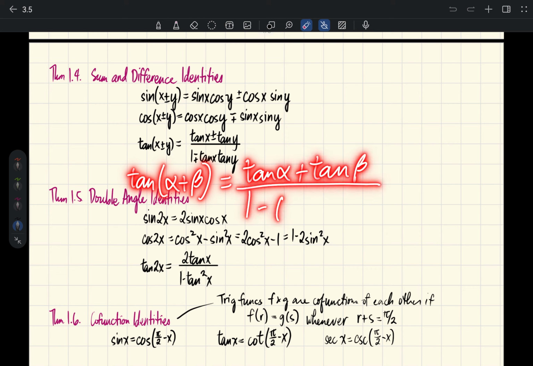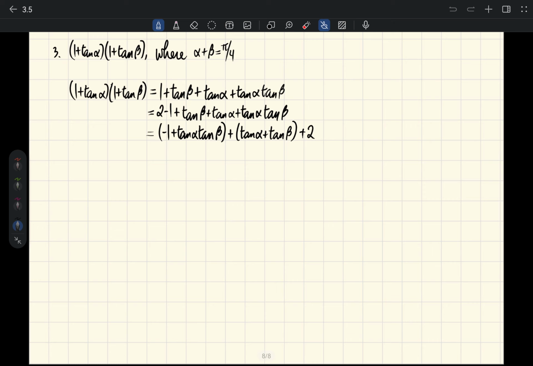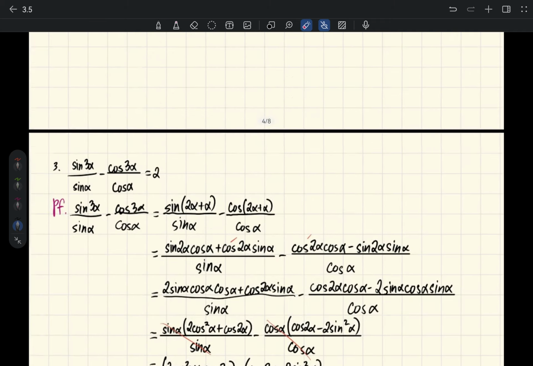In fact, you can extract -1 here so that you'll get 1 minus tangent alpha tangent beta then plus tangent alpha plus tangent beta plus 2. So right now you might be asking how can we use this one right here.